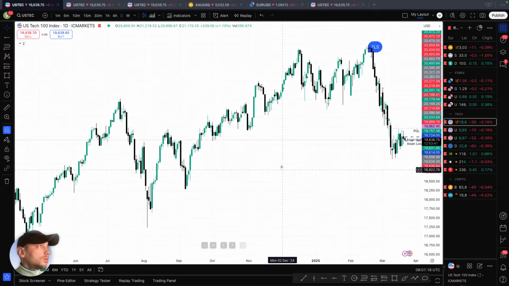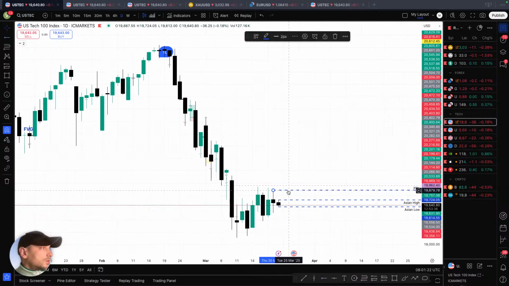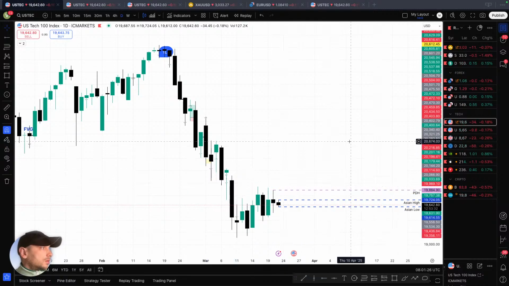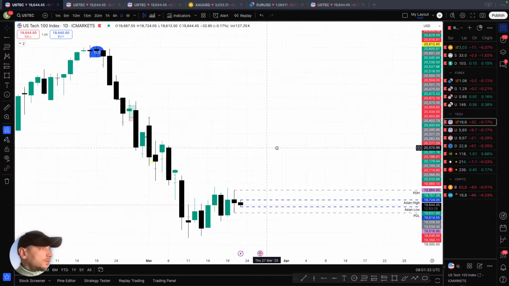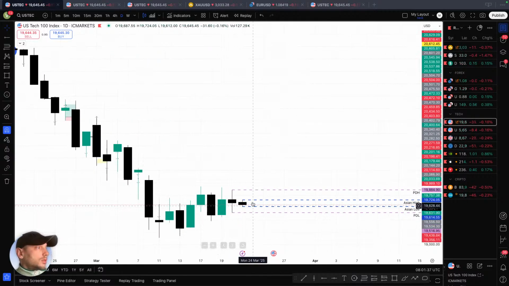On daily, we're gonna do the same. Previous day high, this and previous day low. Now from here, what we can see, we haven't taken anything. So we are in a range for now.